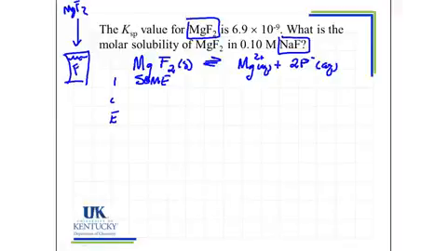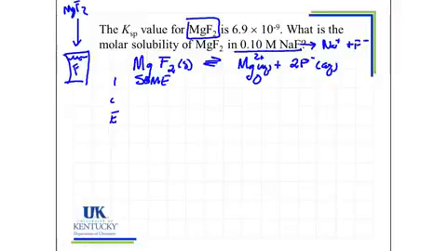So the F- is a common ion, and it is already present. So I'm going to put a 0 under magnesium because there's not already some magnesium present. But there's already some F-. Now this sodium fluoride, when it dissolves, breaks apart 100% into Na+ and F-. So if the concentration of NaF is 0.10, that's the concentration of F-.